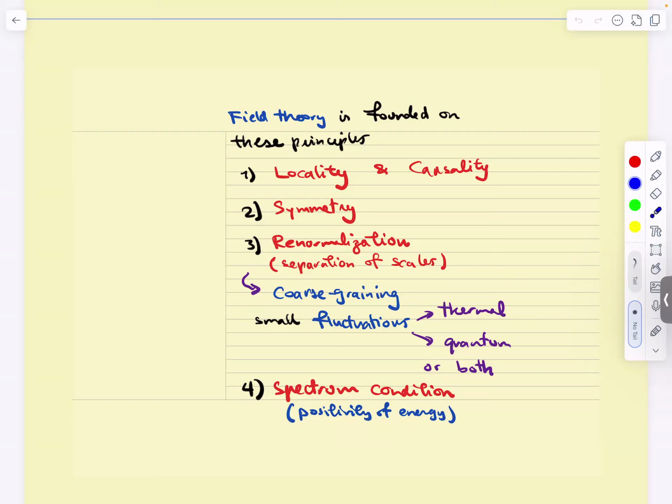The principle of renormalization, or separation of scales, is the idea or the desired property that the low energy physics of a quantum field theory is independent of this cutoff. So there is physics that we're interested in at some scale mu, say, and then there's a cutoff scale lambda. If you separate mu and lambda by a lot, the physics at scale mu will be independent of the cutoff scale lambda.